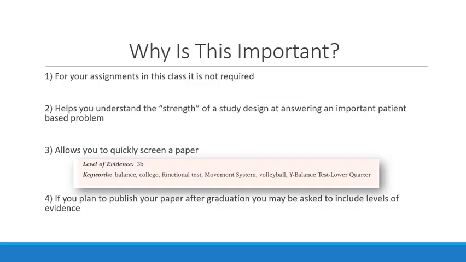But understanding the strength of the study design is important. And it helps you with qualitatively writing about, if you had a scoping review, and let's say there were several case series papers that showed an effect.